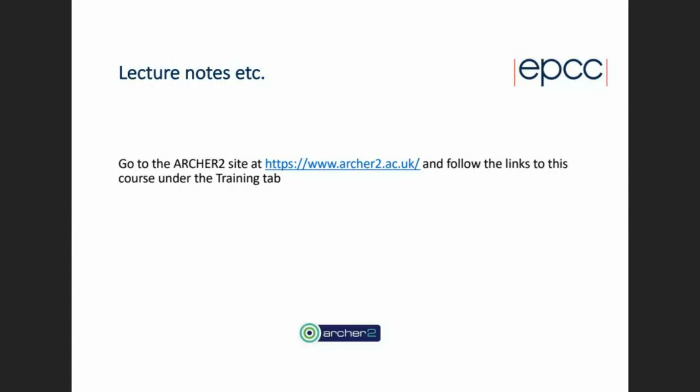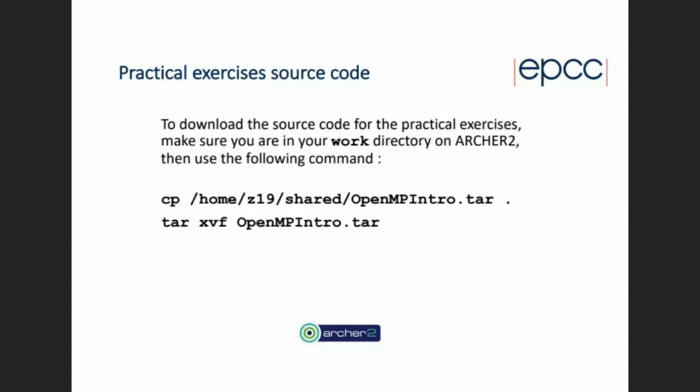Okay, so lecture notes: the easiest way is just to go to the ARCHER2 site and follow the links to this course and pick up the materials from there. I'll remind you of this afternoon when we come to it.